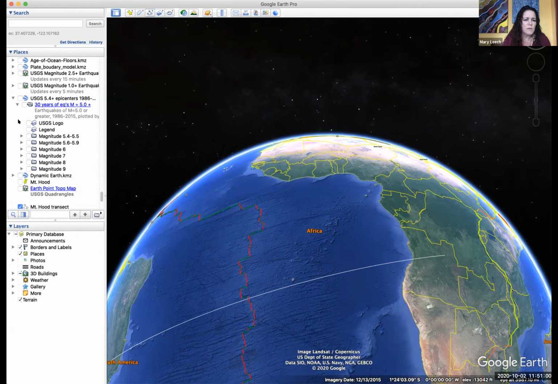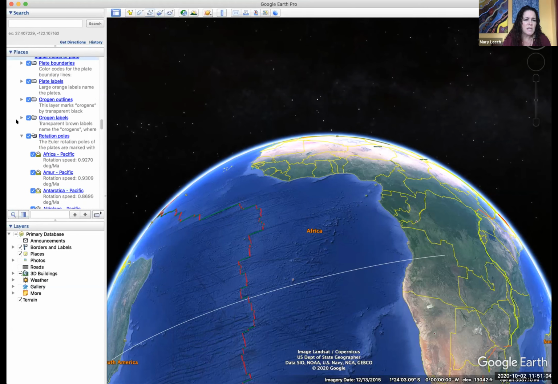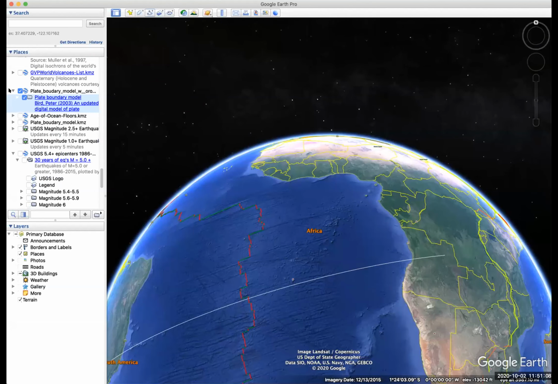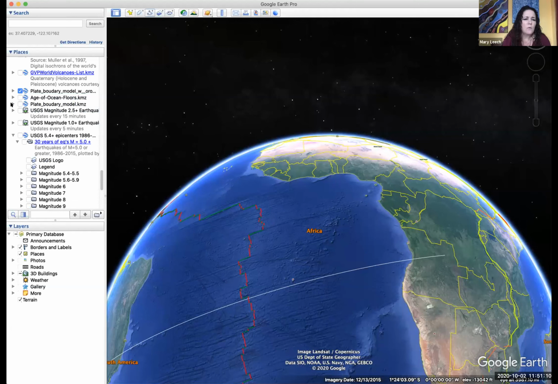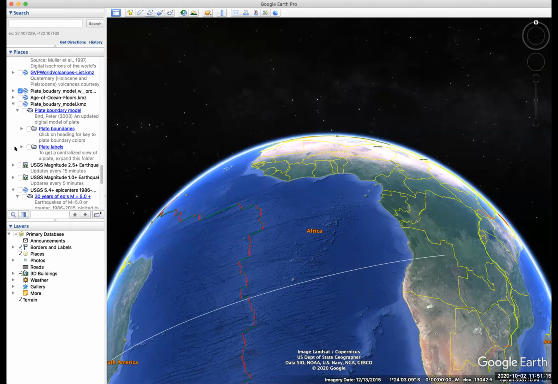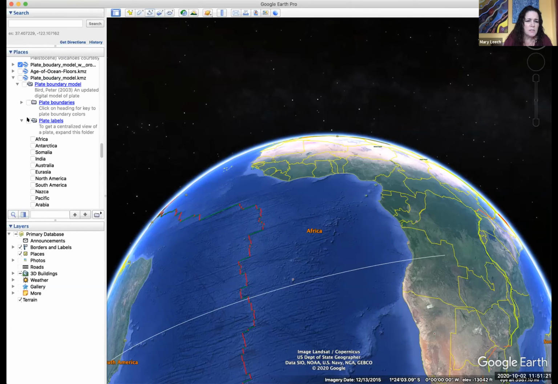All right, I'm going to read the instruction next. You have way more folders than me. I only have the plate boundaries and plate labels, but not the rest. There were two there.